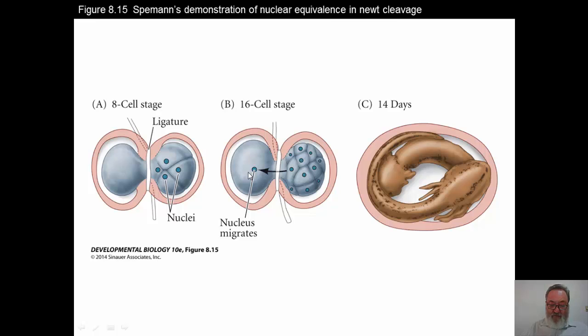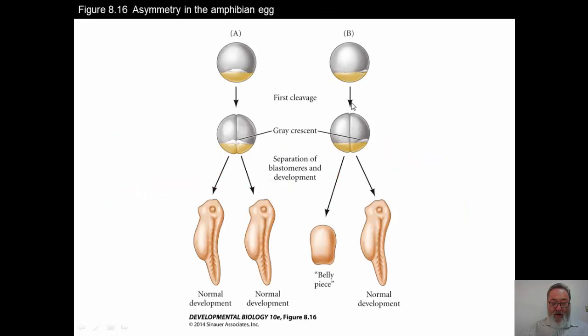Spemann concluded from this experiment that early amphibian nuclei were genetically identical and that each cell was capable of giving rise to an entire organism. However, when Spemann performed a similar experiment with the constriction still longitudinal but perpendicular to the plane of the first cleavage, that is, separating the dorsal from the ventral aspect of the egg, what he found was that one of the pieces of tissue did not really form a normal embryo at all.